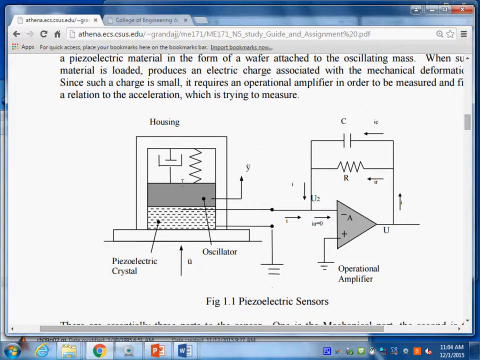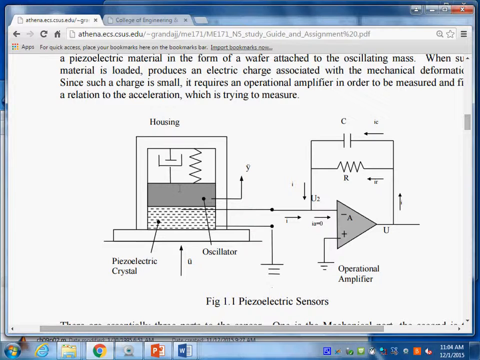So what happens is that if you get an acceleration from here, let's say an impulse over here, based on Newton's first law, the law of inertia, this mass is not going to want to move, right?